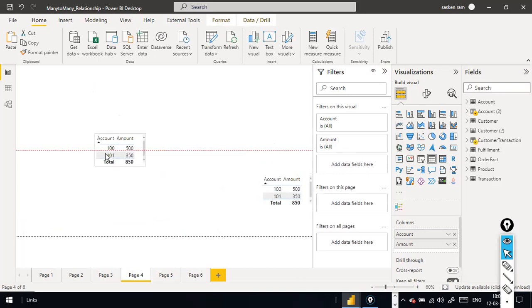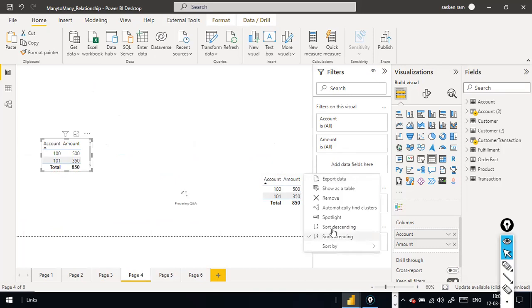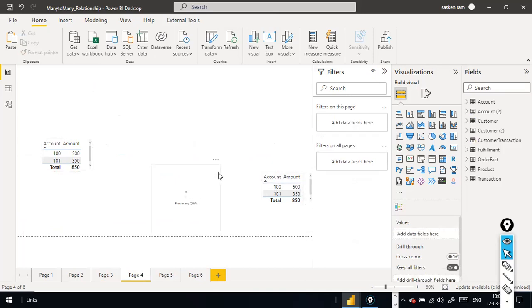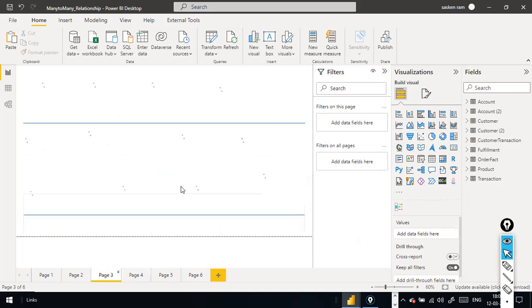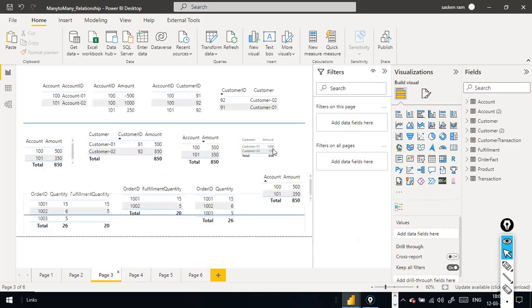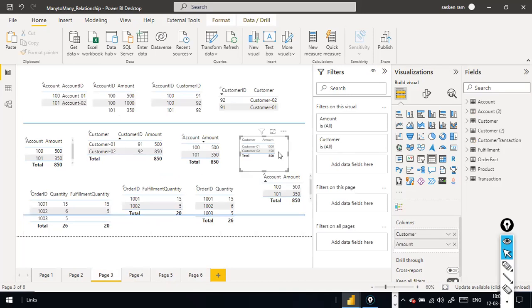Yeah, we got this one. I just want to remove this. And when I copy this, what happens?